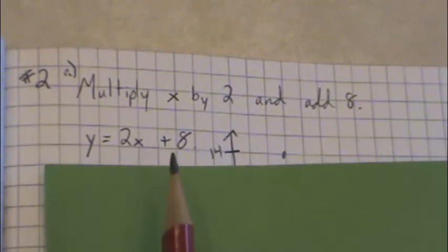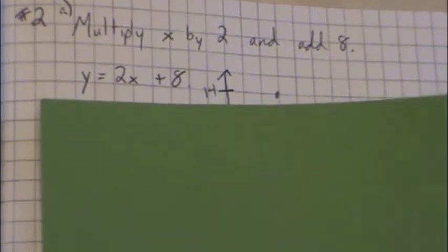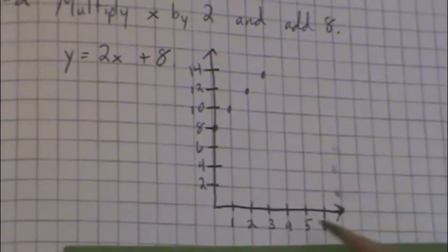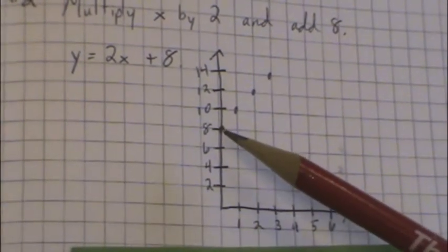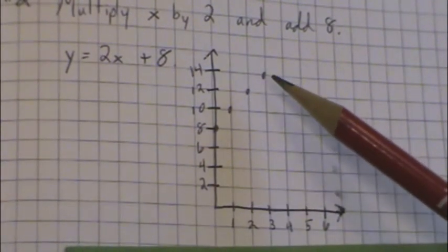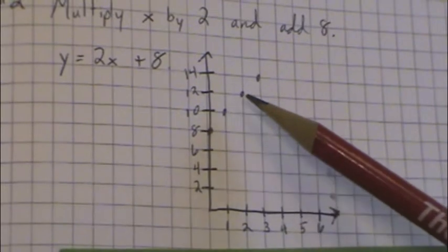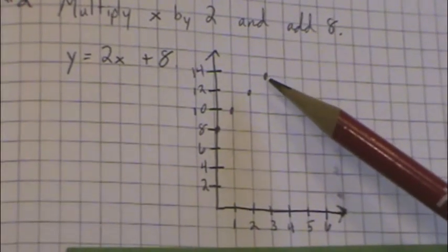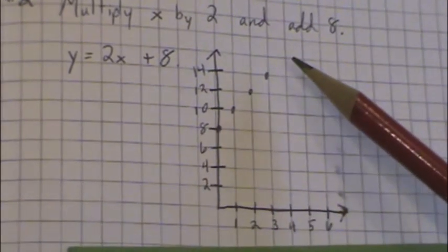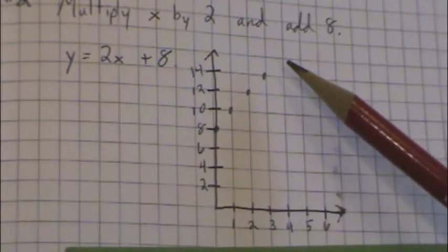That's the equation you need. Then, using the points that they gave in the chart, show me on a graph. 0, 8, 1, 10, 2, 12, yep, and 3, 14. Now I'm paranoid checking for mistakes all the time. And you can see that's a line. This is going to be a linear graph.